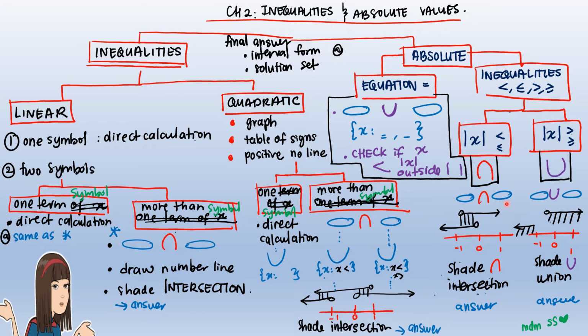When you separate, of course, again, you have to combine them and shade. But for modulus x greater than or equal, we have to use union when we separate them, "or", so then you combine them on the number line and shade the union, or. So that is what you learned from chapter 2.